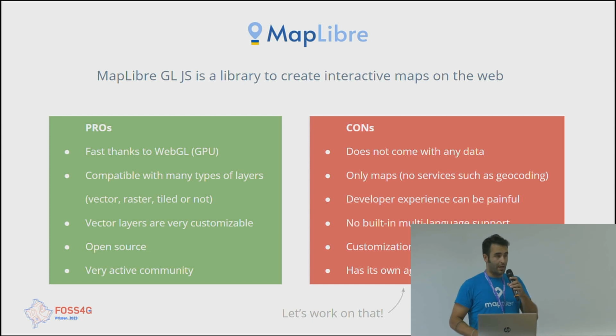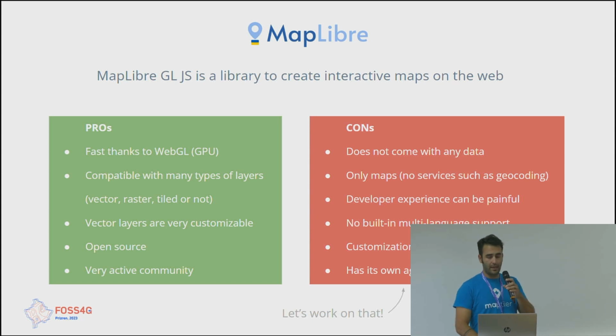The cons, or at least the cons that we wanted to address, is that it doesn't come with any data. For us, it's actually a pro because, for MapTiler, it's our business. It's only about maps, so there's no geocoding in MapLibre. The developer experience can be a bit of a pain for setting up and styling layers, for example.